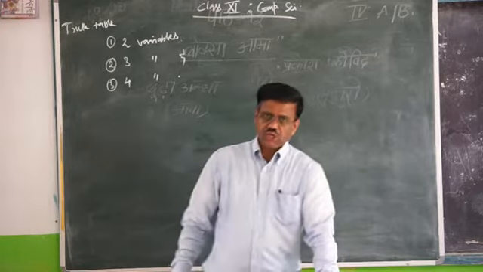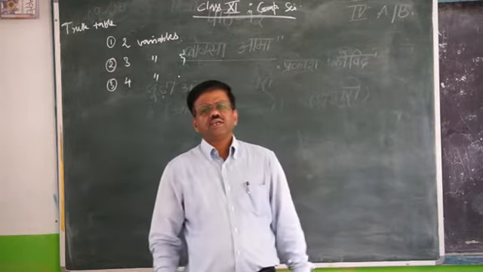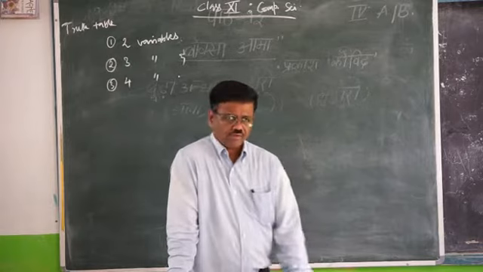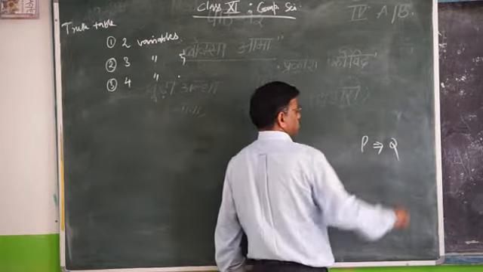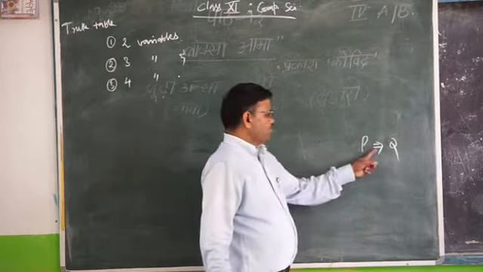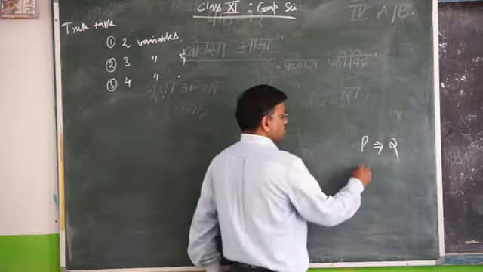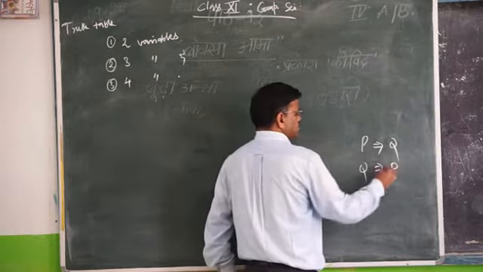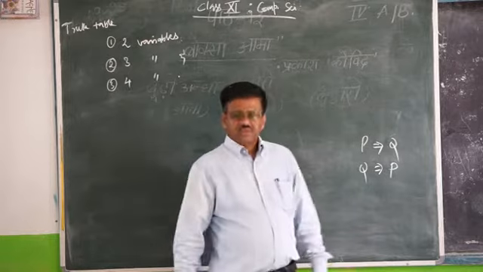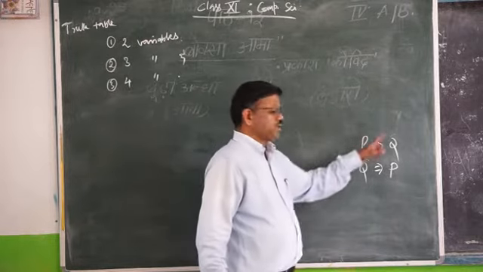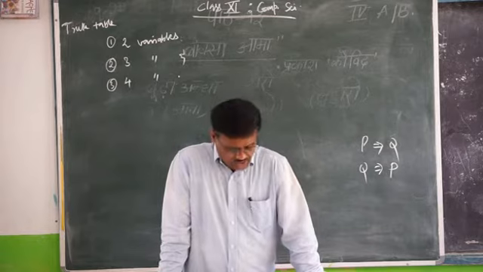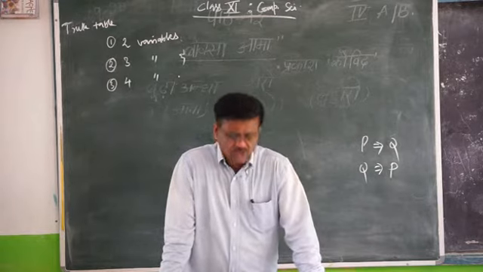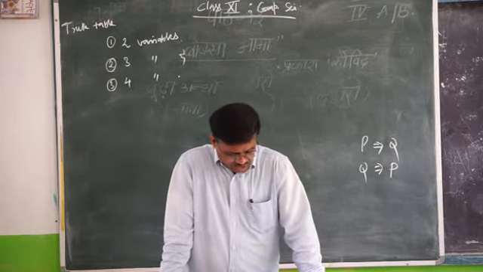P implies Q becomes Q implies P. Similarly, P complement implies Q complement becomes Q complement implies P complement. This is called the converse.